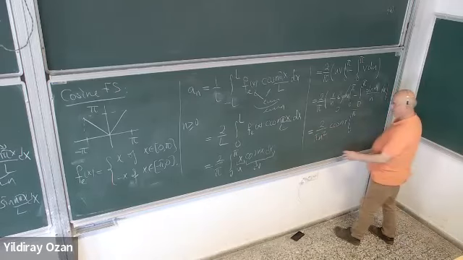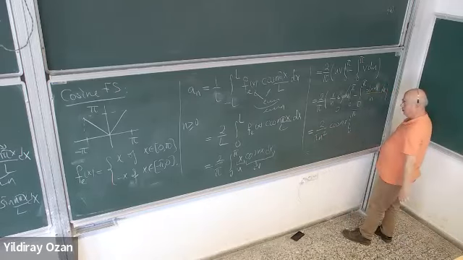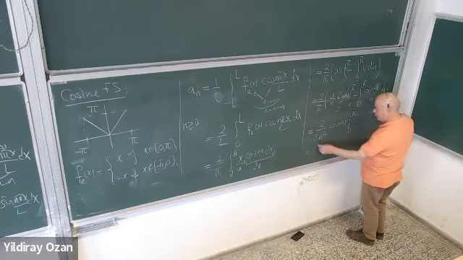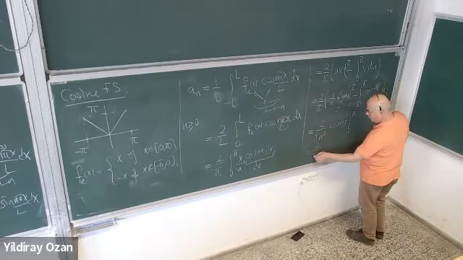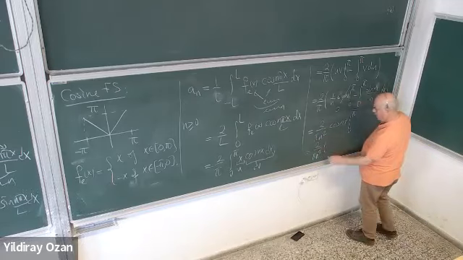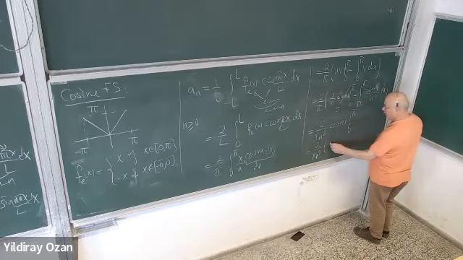When I plug this in, I get 2 over pi n squared times cosine n pi minus 1.